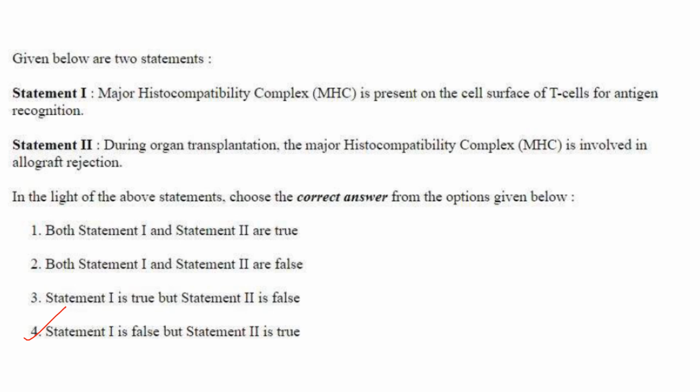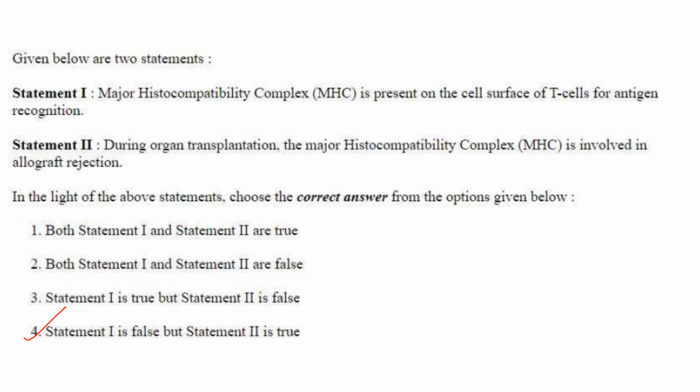Then next one. Major histocompatibility complex is present on the cell surface of T cells for antigen recognition. That itself is not correct. Because T cells, they do not display MHC molecules. Instead, they recognize antigen presented by MHC molecules present on antigen presenting cells.